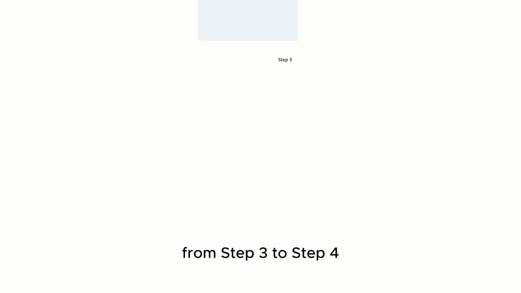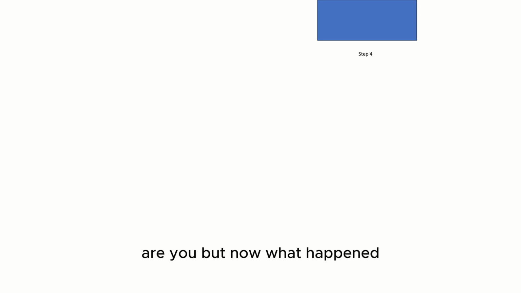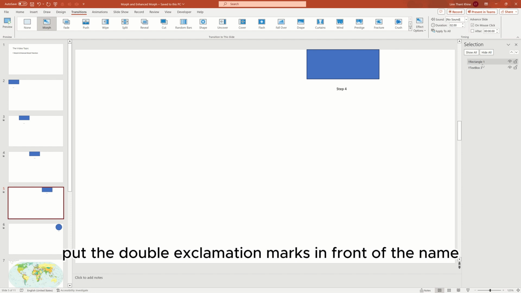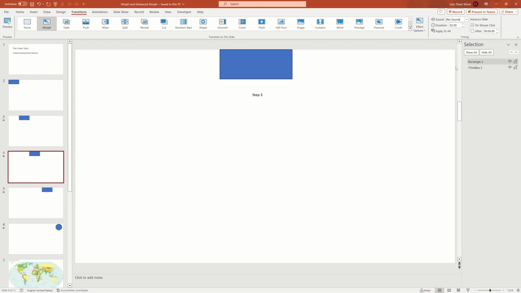From step 3 to step 4, as you will notice, it worked perfectly fine earlier, but now what happened? Because when we change the name by putting the double exclamation mark in front of it, PowerPoint can no longer keep track of the identity of the rectangle.